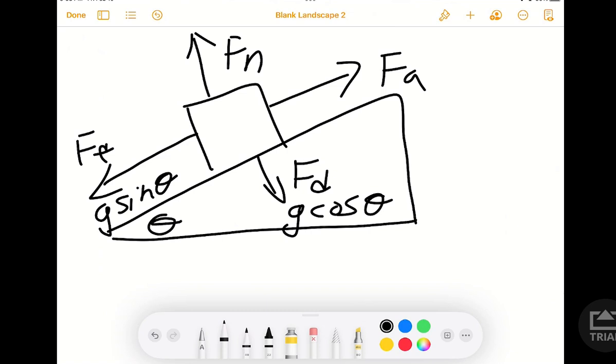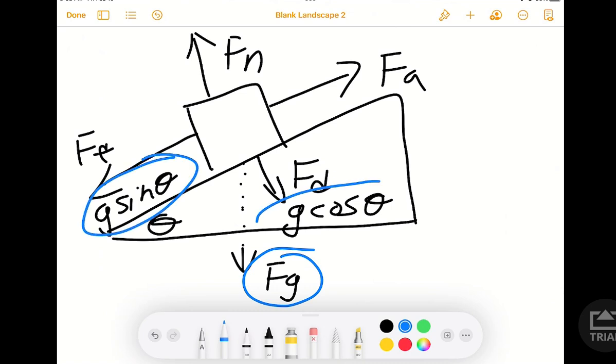And this will be your theta. And we're really not going to use this actual gravitational force, the FG, at all, other than to calculate the G sine theta and the G cosine theta, because those are the ones that are actually beneficial to us.